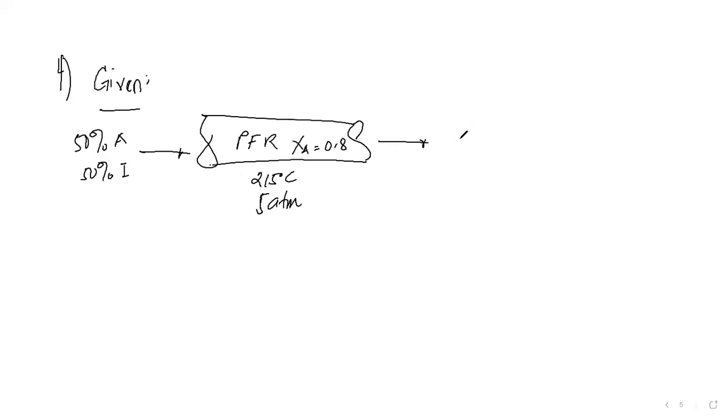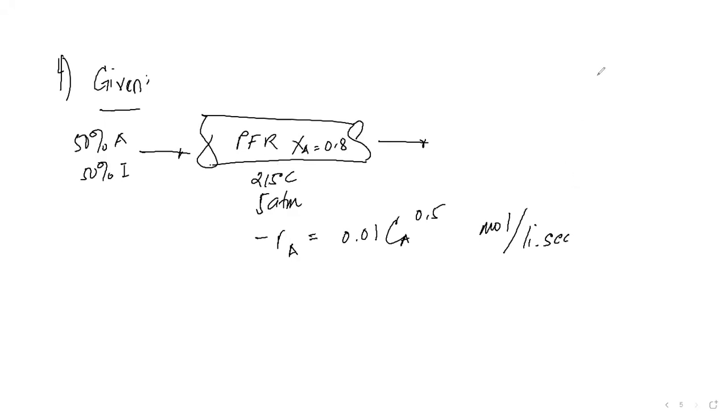Now, you have the rate law equal to 0.01 Ca raised to 0.5, with this set of units, mole per liter per second.